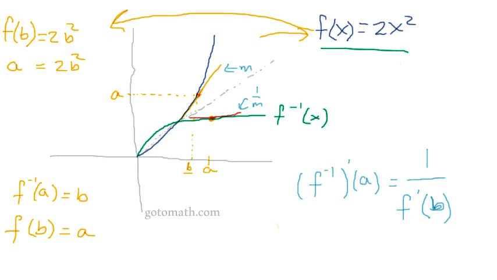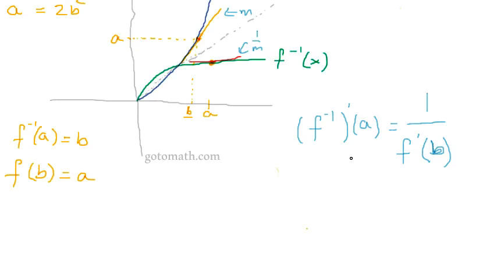Now a little bit about inverses and this formula right here. If we started with f inverse of f of x equal to x, this is one of the things about functions that are inverses of each other.